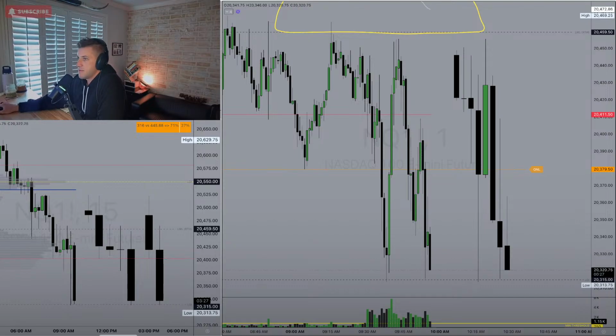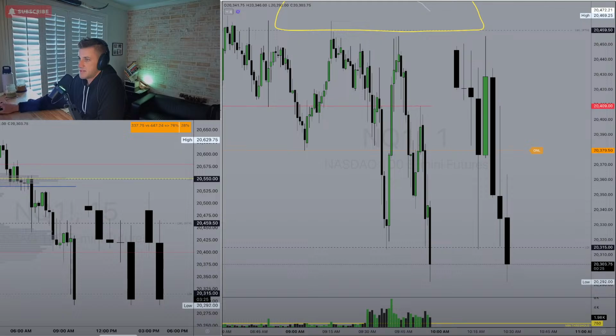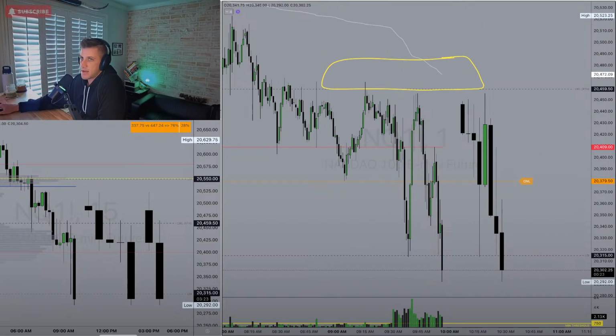All right, into 10 a.m. We're looking at this reaction here near 315. There's your new low of day. NQ cracking the lows.